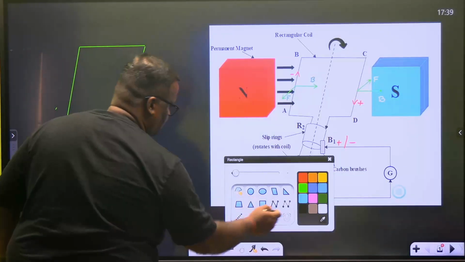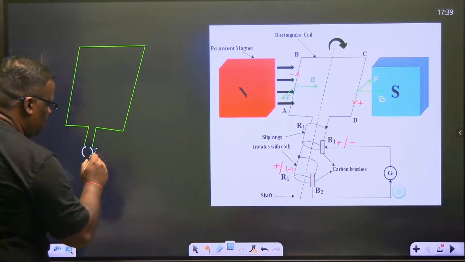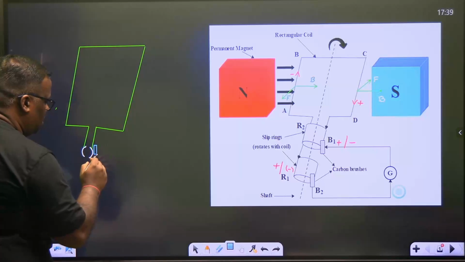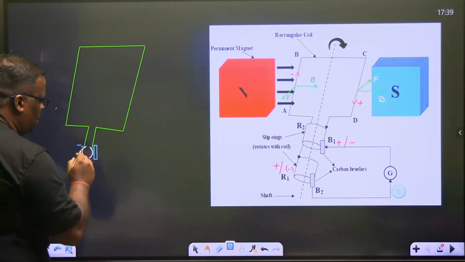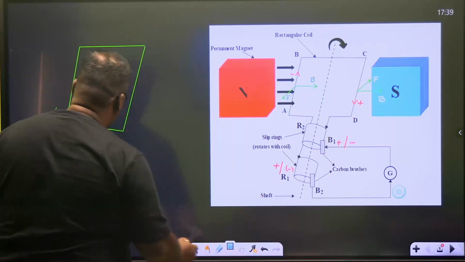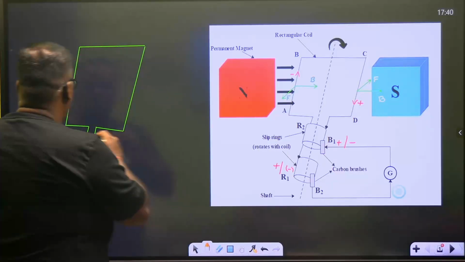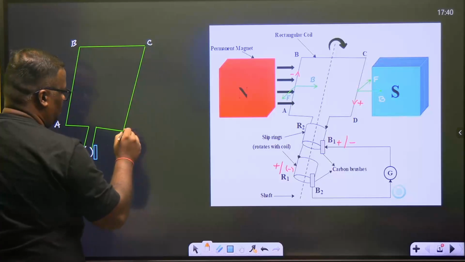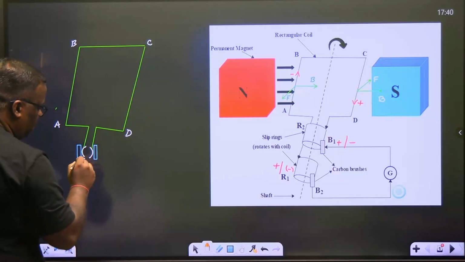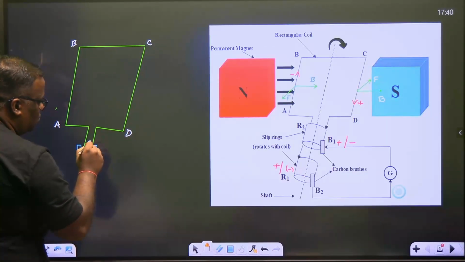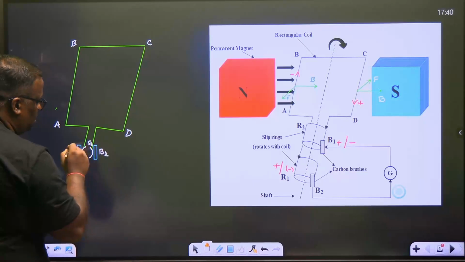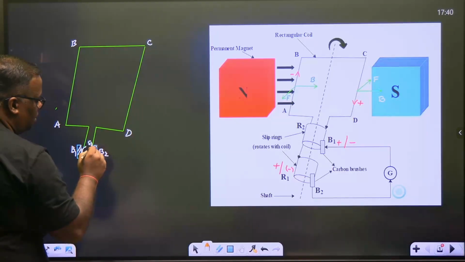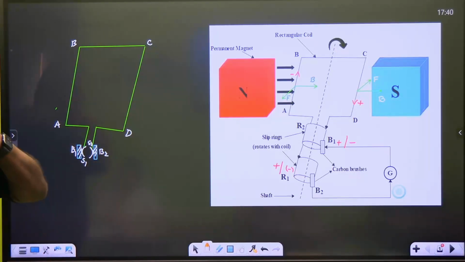All right, let's put our brushes here. So let's put again the same names: A, B, C, D. This is slip ring S1, this is S2, this is B2, this is B1. Have you understood? They are in contact. Clear? Now this is a DC generator.